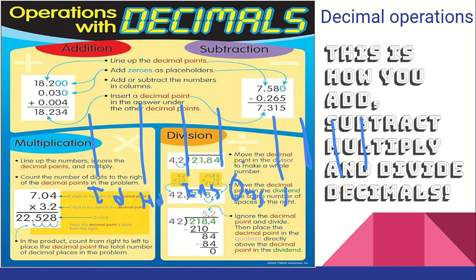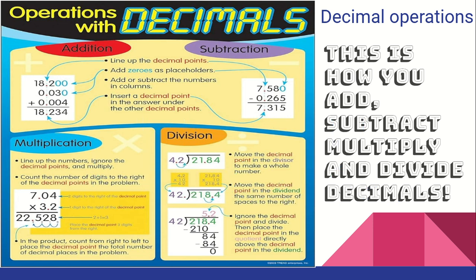This is the tenths. Instead of tens, it's tenths. This is the hundredths. So the difference is that the places below the decimal have TH-S, and the numbers over here have D-S. Just remember that.